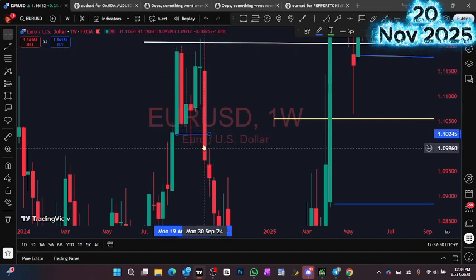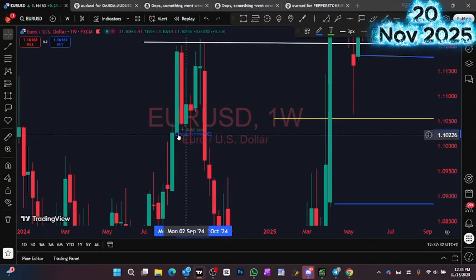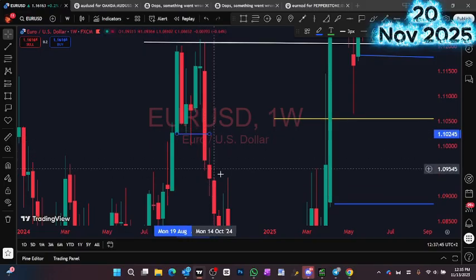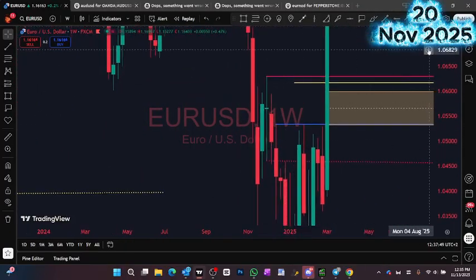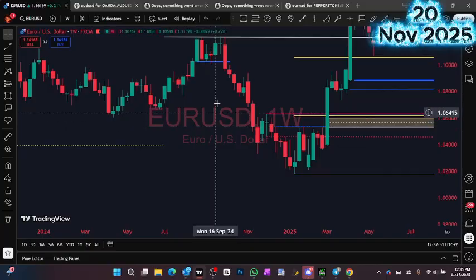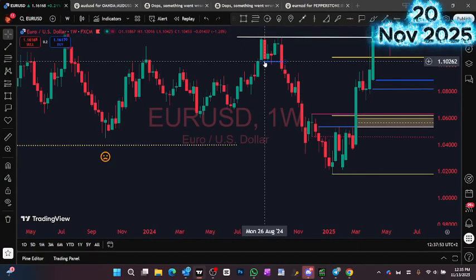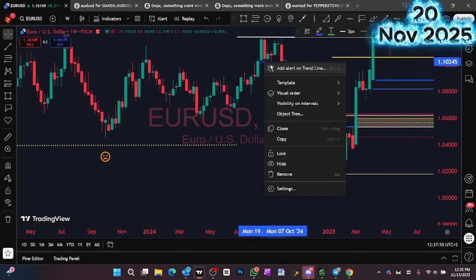Then it comes down, and when it comes down, it breaks that support. It becomes a change of structure. As you can see, change of structure. Then that's where I place my sell. That's where it goes down. As you can see, it just went straight down. So yeah, that's how I do it.